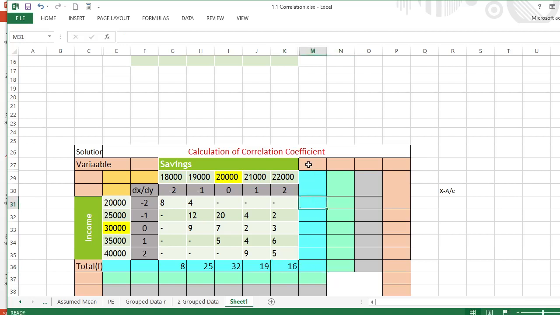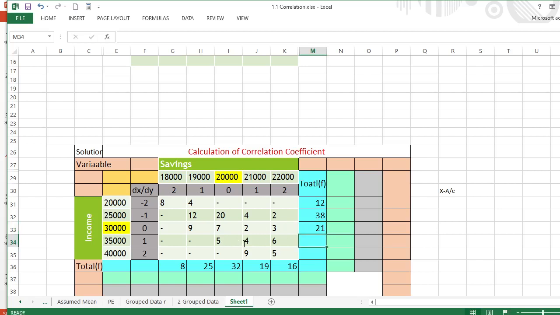Again, we need to do the same thing for the y variable. So I'll write the total here, and again we consider this as f, the frequencies for the y series. For the first column, 8 plus 4 is 12. For the second column, 12 plus 20, 32 plus 4, 36 plus 2, 38. 9 plus 7, 16 plus 2, 18 plus 3, 21.